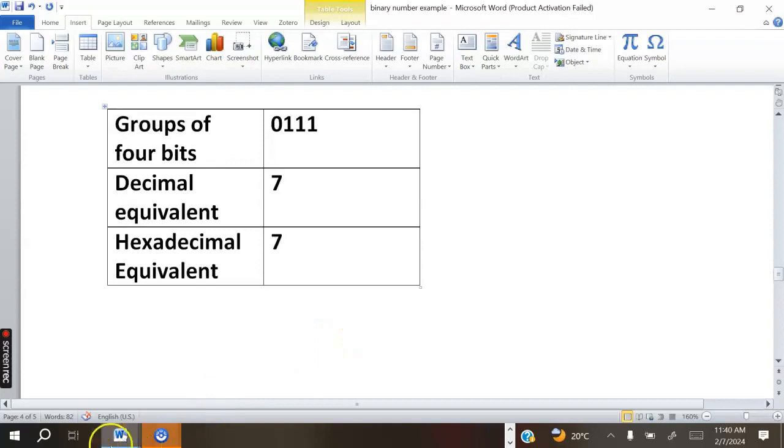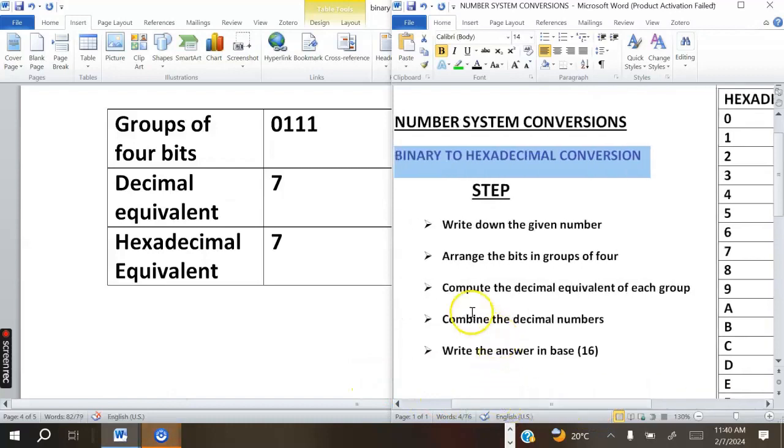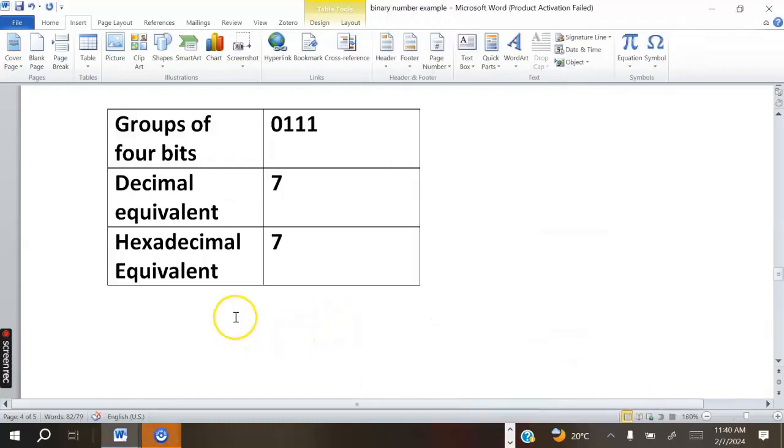Therefore, as per the instruction, after you combine the decimal numbers, you are supposed to write your answer in base 16.